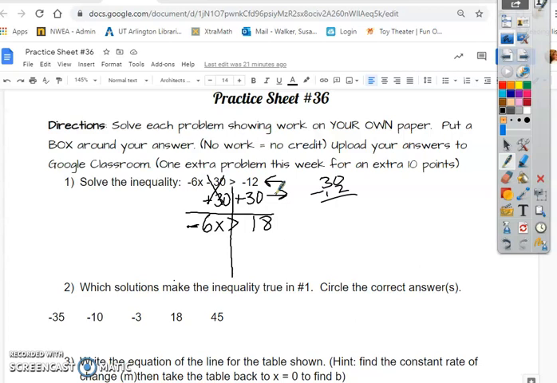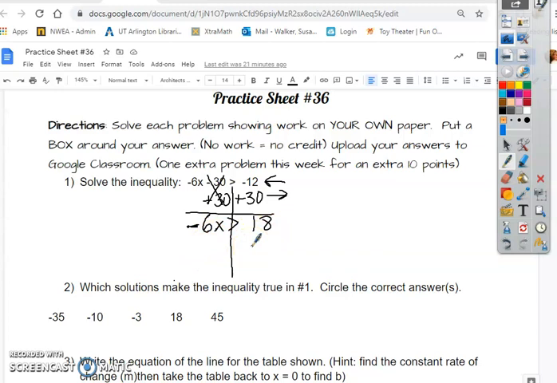Now, the next part I don't want to finish for you. I want you to do it, but I will walk you through it. You know I have to divide, right? A number next to a letter is multiply. To get rid of a multiply, you divide. I have to divide by this negative, so it should show divide by negative 6 on both sides.